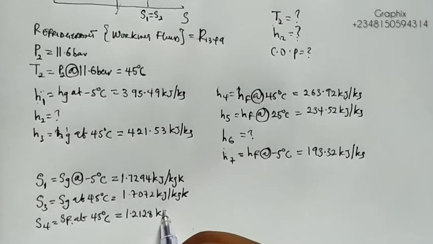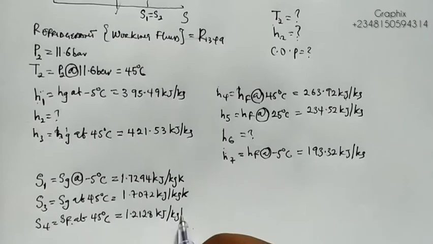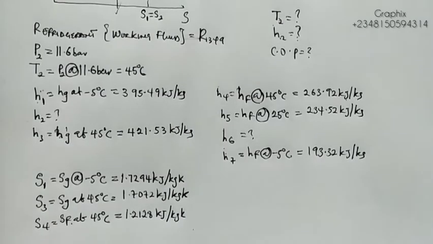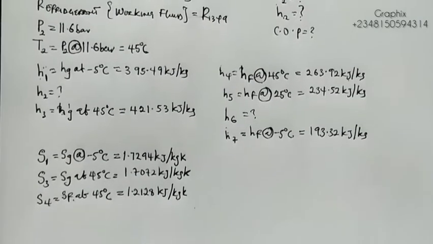1.2138 kilojoule per kilogram Kelvin. So you can also look for S7 too.